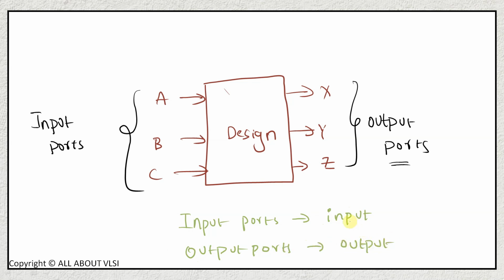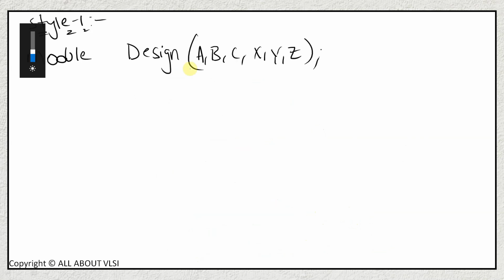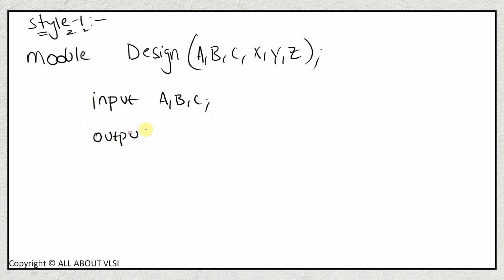So these keywords we are going to use. Here for input ports, we use the keyword input A comma B comma C, and output X comma Y comma Z, semicolon, commas and semicolon, followed by end module.